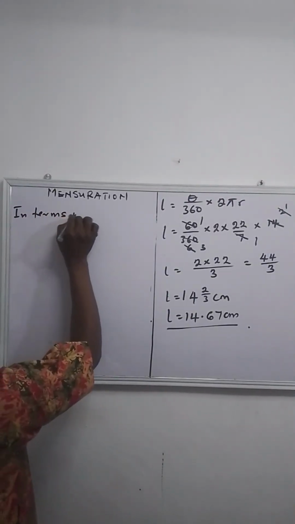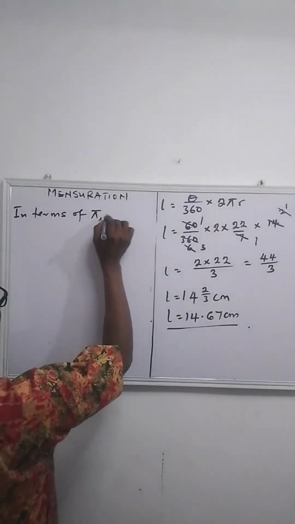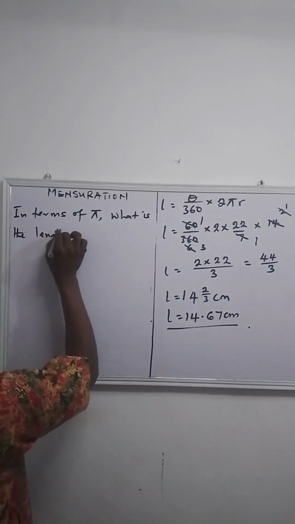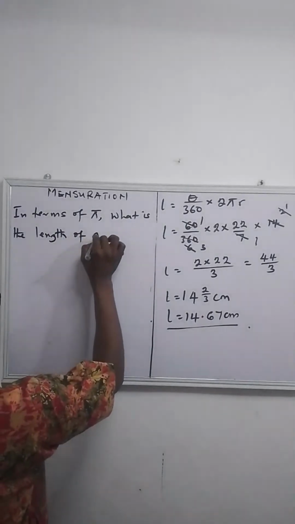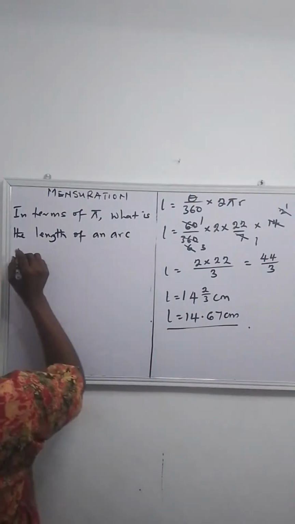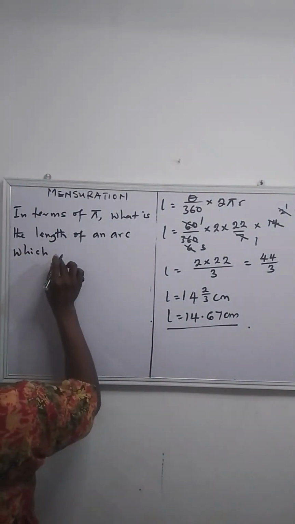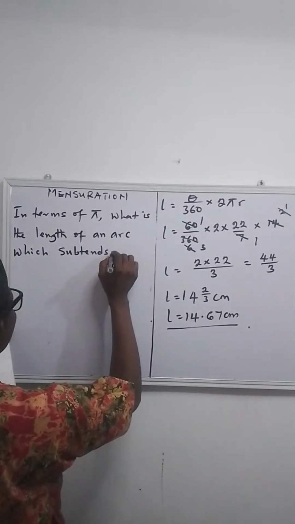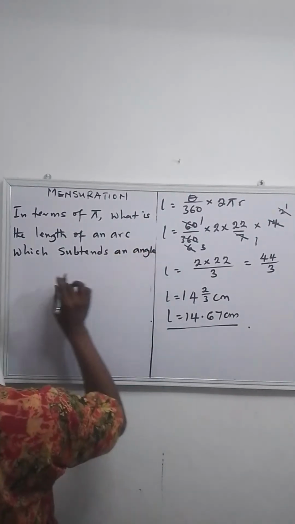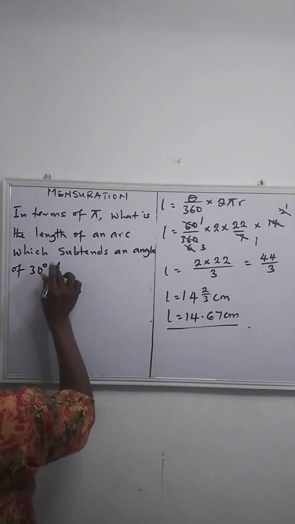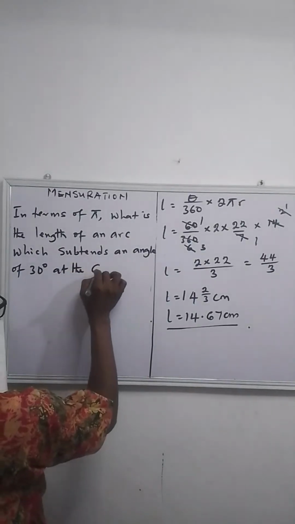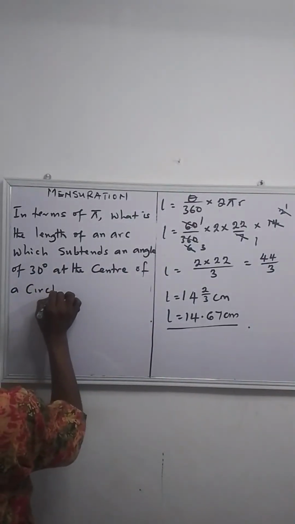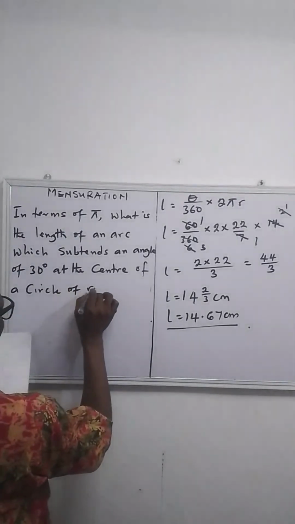In terms of pi, what is the length of an arc which subtends an angle of 30 degrees at the center of a circle of radius?